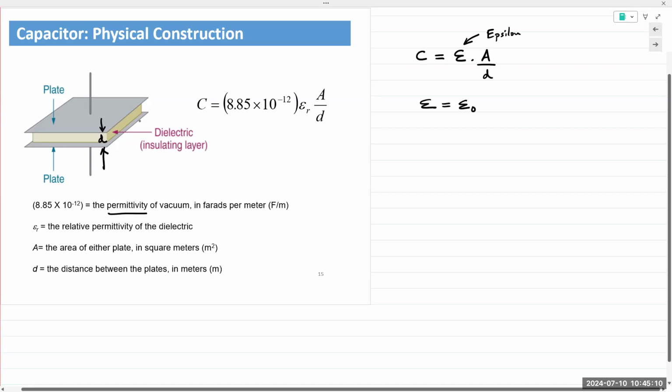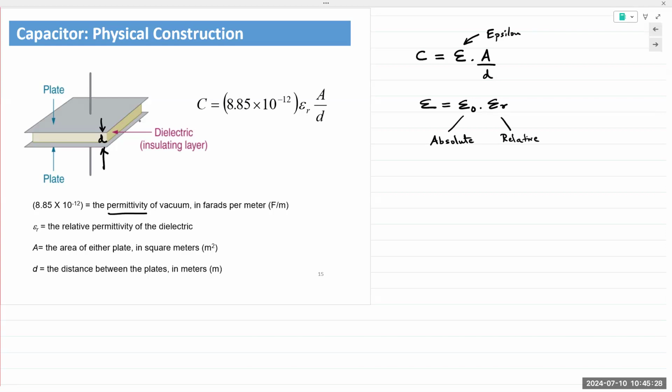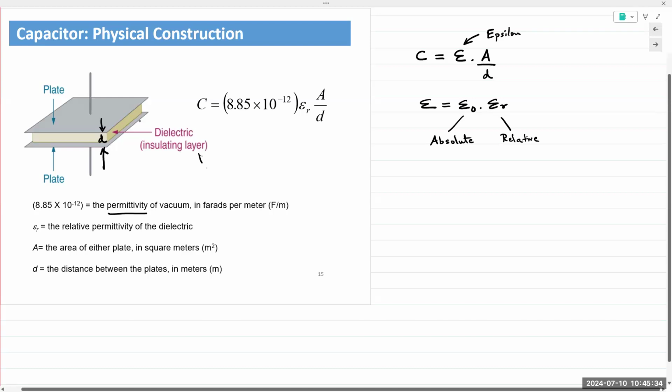It is epsilon 0 times epsilon R. Epsilon 0 is absolute, it is a constant, and epsilon R is the relative permittivity, which is the material property of the dielectric or the insulating material. Okay, epsilon 0 times epsilon R.